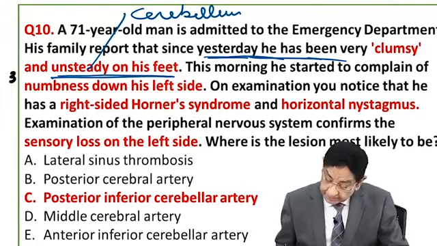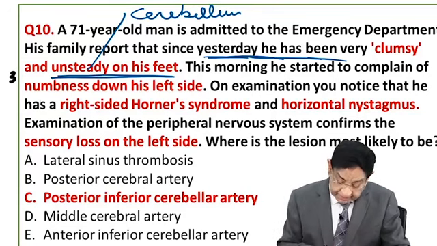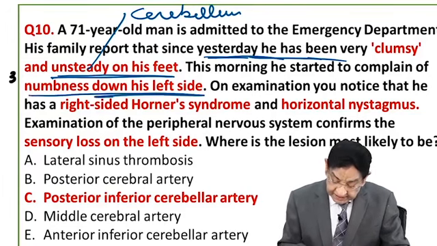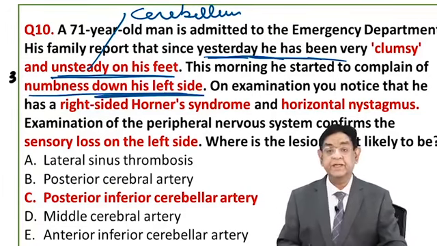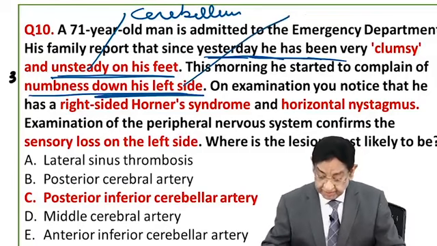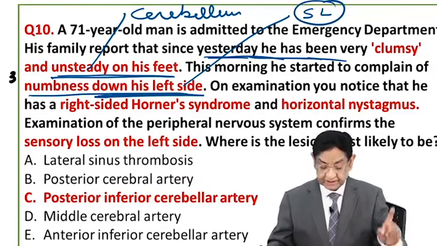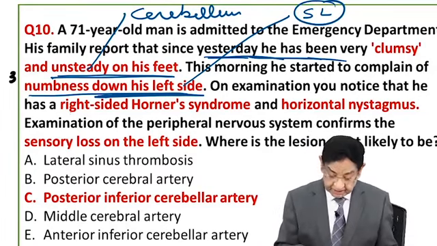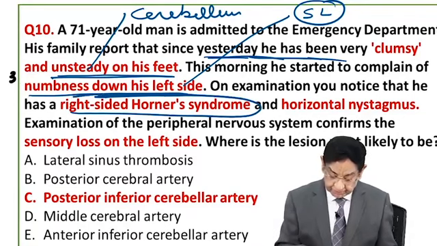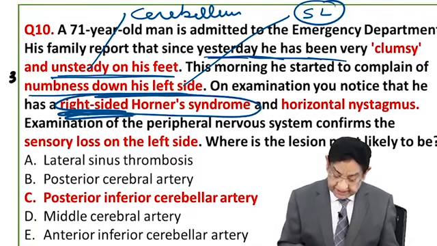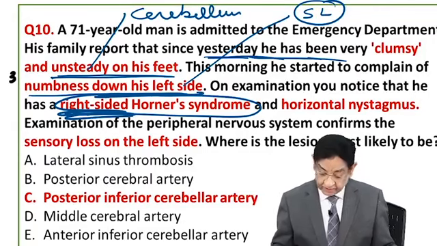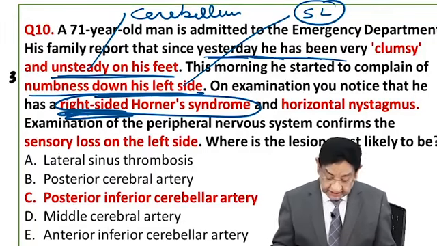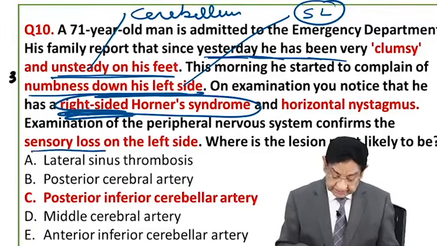Okay? And he comes with numbness in the left side of the body. Why? Because of spinal lemniscus involvement. So he is having a left-sided sensory problem, but right-sided Horner syndrome. Right side, left side. Okay. And sensory loss on the left side.